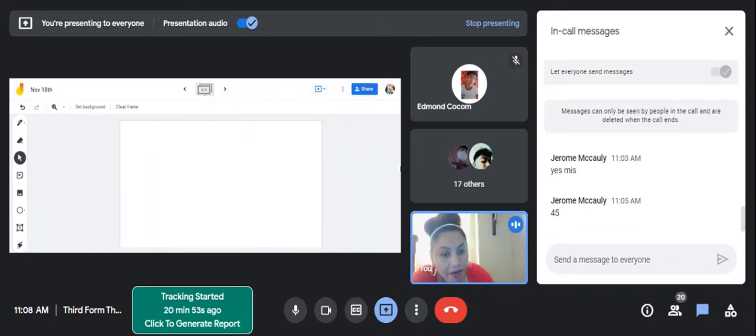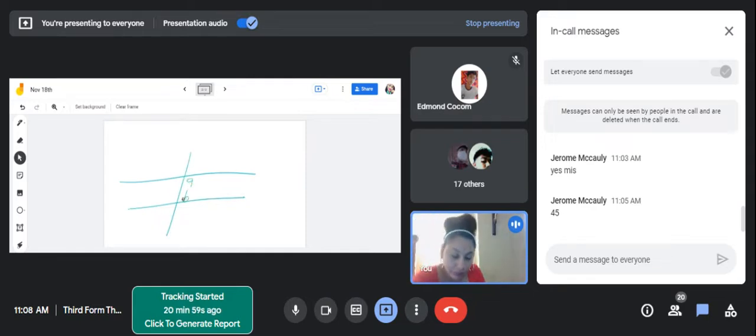When you have two like this again and they give you the two that are in here, this is what we call interior angles. If you are given A and A is, I don't know, 60 degrees, and they tell you to find B, how are you going to find B?